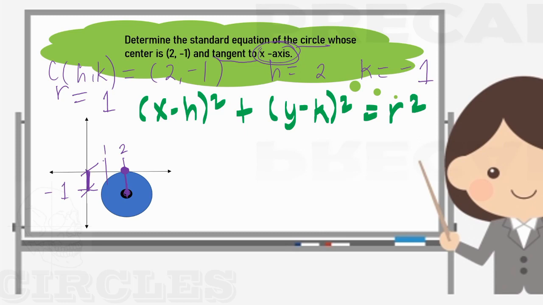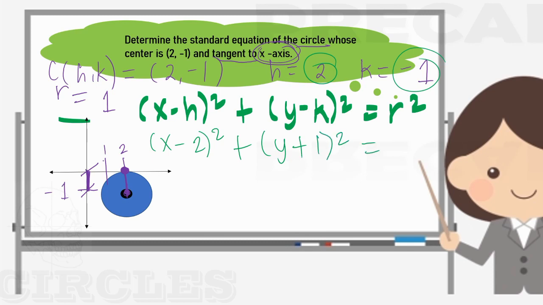Since given naman yung center and then nahanap na natin yung r, then direct substitution, x minus yung value ng h, so 2 squared plus y minus value ng k is negative 1. So, magiging positive 1 squared is equal to, yung r na nahanap natin is equal to 1 squared.